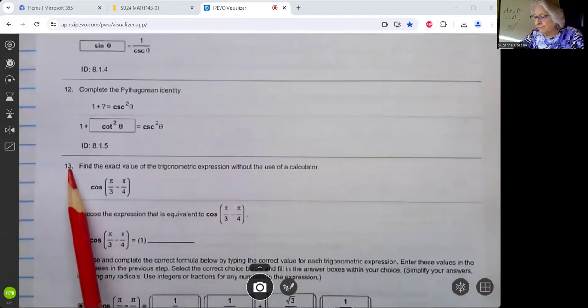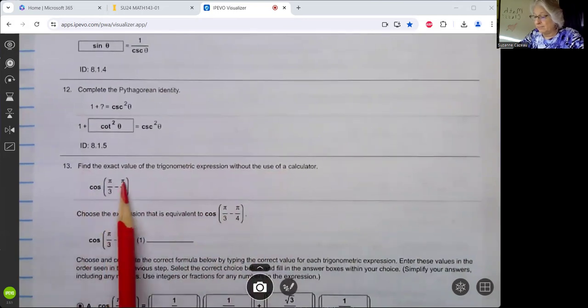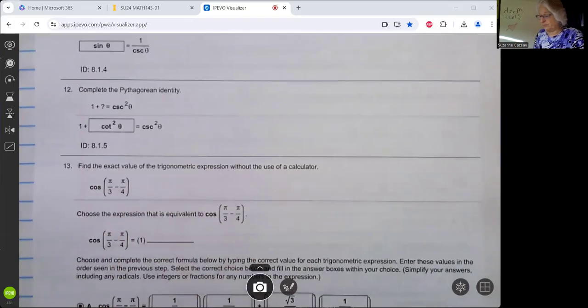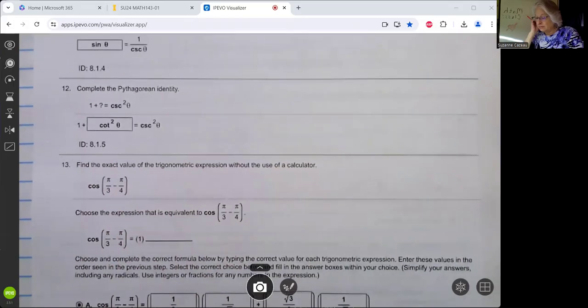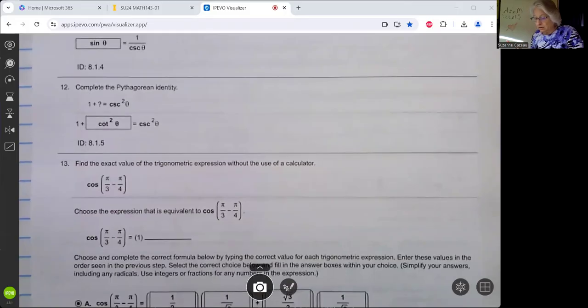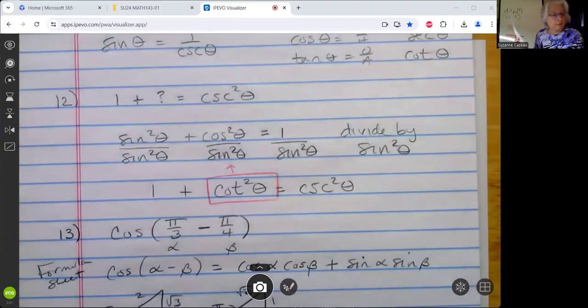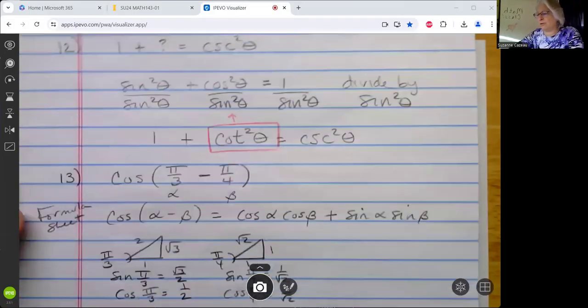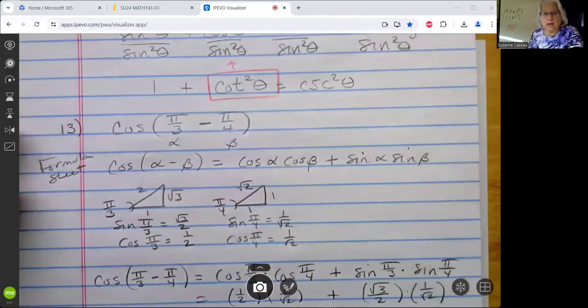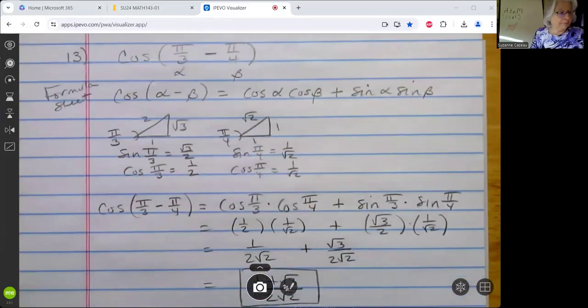Number 13, find the exact value of the trig expression, cosine of pi over 3 minus pi over 4. So this is where the formula sheet comes in.